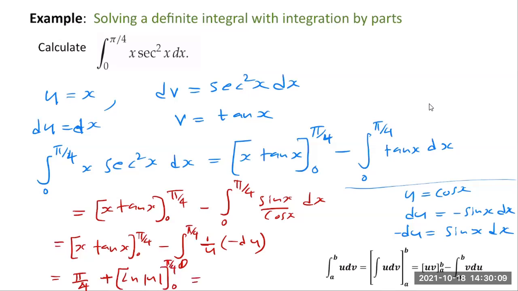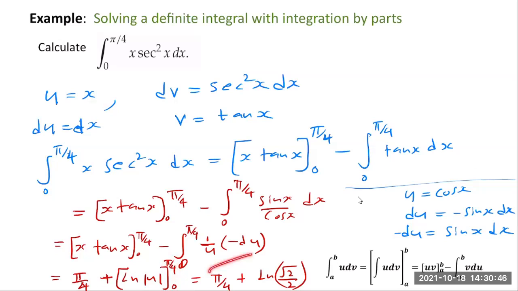If you plug in the limits, you will get pi over 4 plus ln square root of 2 over 2. I'm skipping some details here. By the way, notice that these are x limits. So you need to replace this u by x before you plug in these limits, because these are x limits. If you find the limits, you will get your answer to be this one.